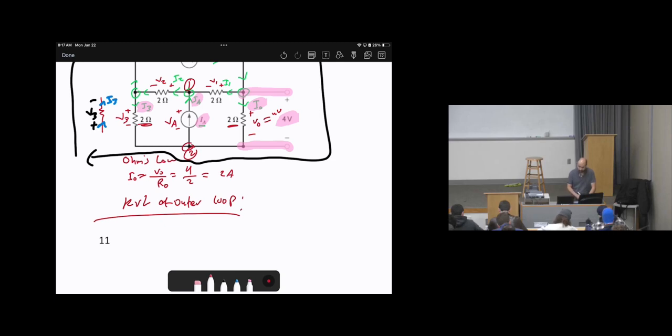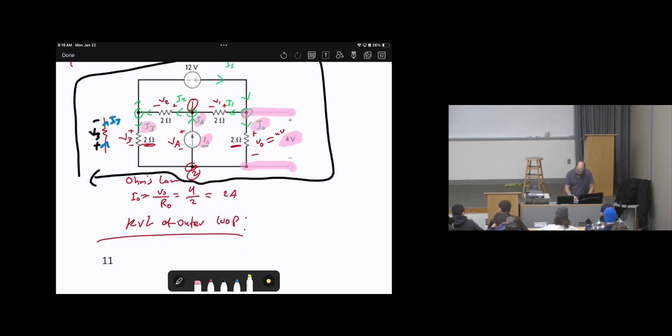Start from the left bottom corner, then go clockwise. So I'm going to start from here. I will hit the negative sign, so it's negative V3. Then keep going here, negative V source. Then keep going, you will hit the positive VO. So it's positive VO.